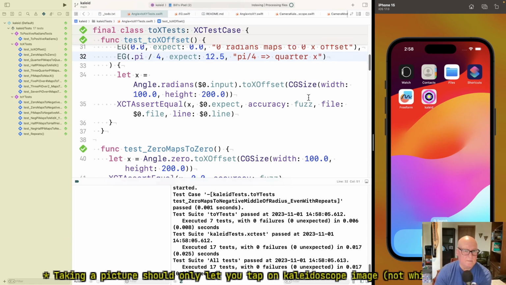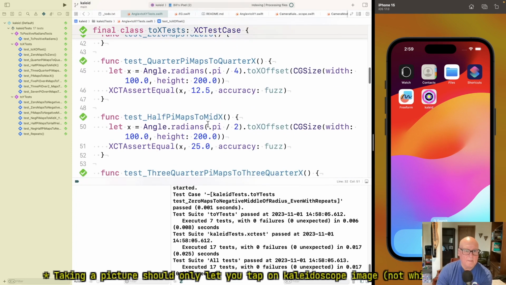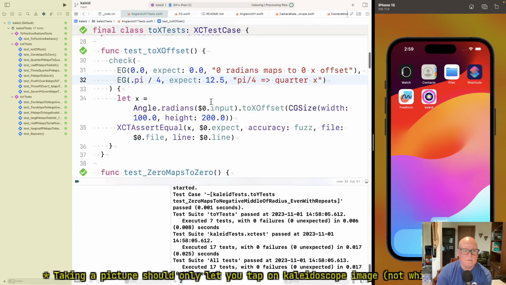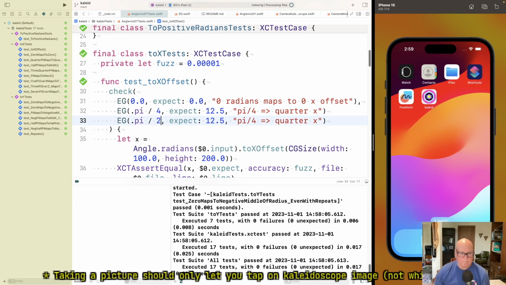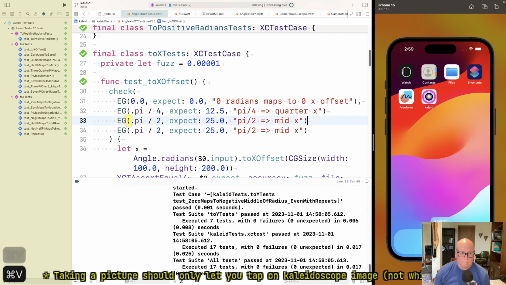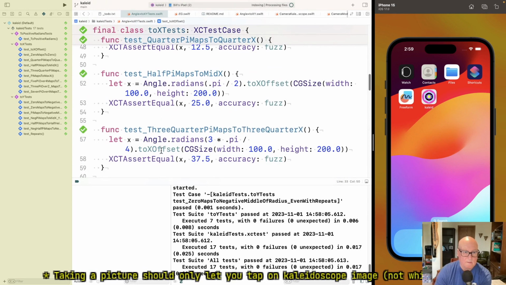Okay. Half pi to mid x. Three-quarter pi.